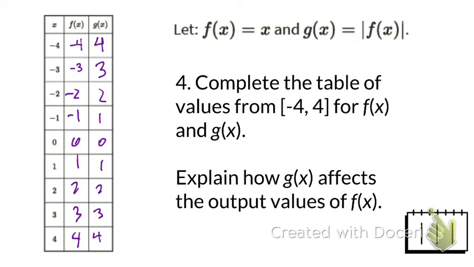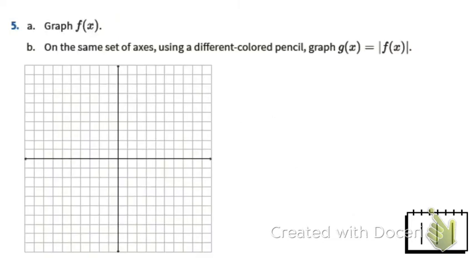So now next, we're going to graph this. So we have the data, we have the x and y values, and we're going to try to graph these, try to figure out what's going on here. If you look at prompt 5, it's telling us first to graph f of x.